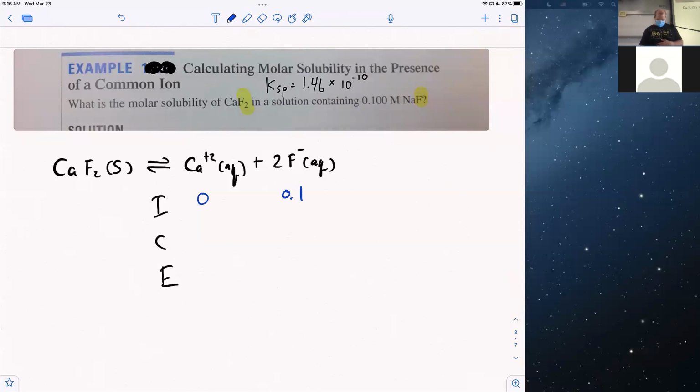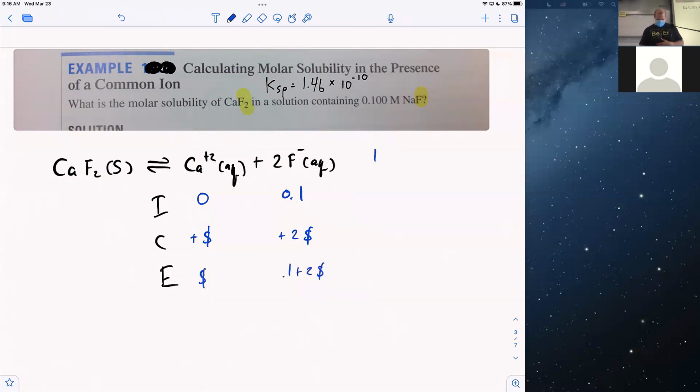So we're going to shift right to form the sparingly soluble salt. In equilibrium is going to be solubility, 0.1 plus 2 solubility.